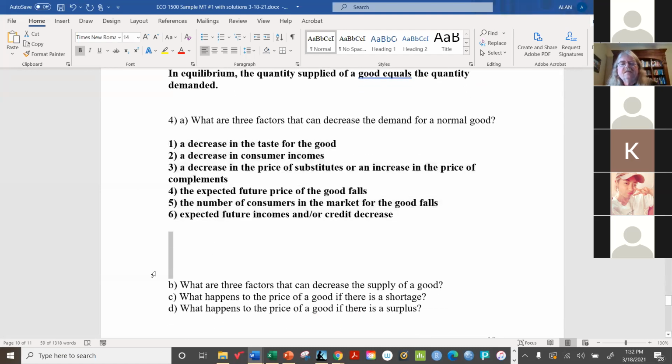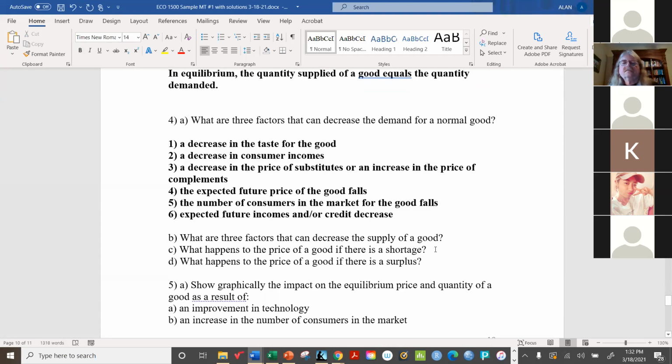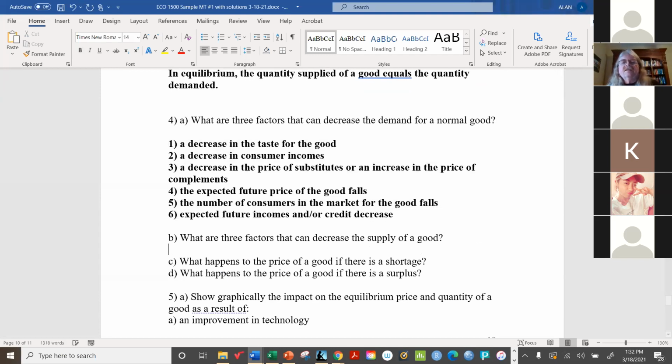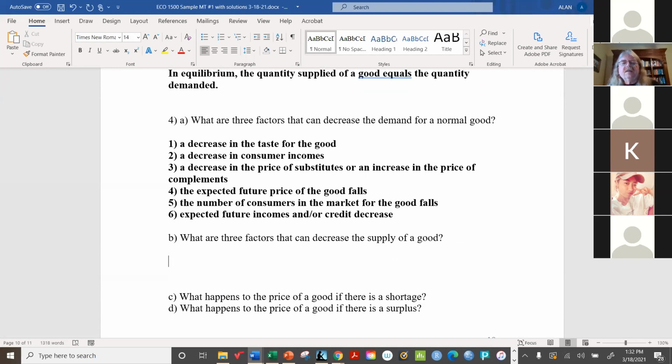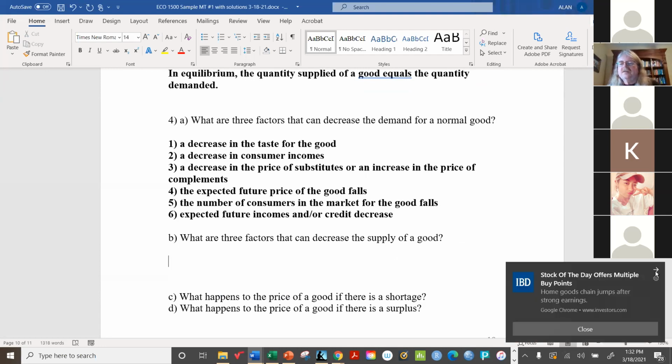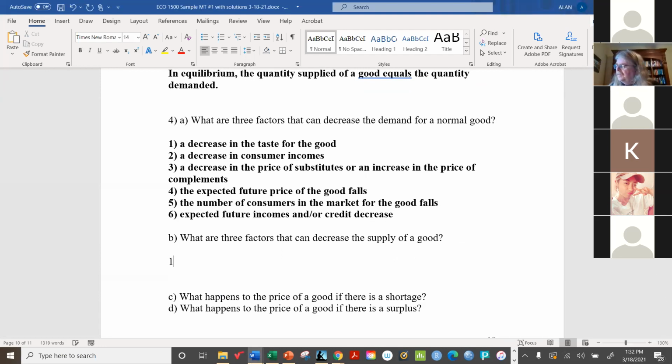Now, how about supply? All right, now it says 3 factors that decrease the supply, but I'm just going to show you several of them. You can pick. Now, this first one is kind of technical. Technically, you can say that technology... well, normally technology only advances.